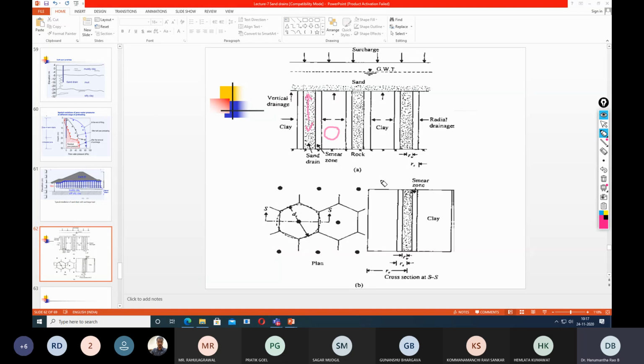How will you identify? This is a very tricky question. There should be some techniques to confirm alignment, but I also do not know exactly. One thing is we will come to know whether they are working or not only after imposition of the surcharge load. That is certain.